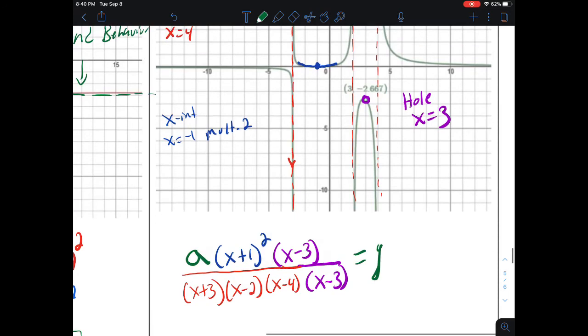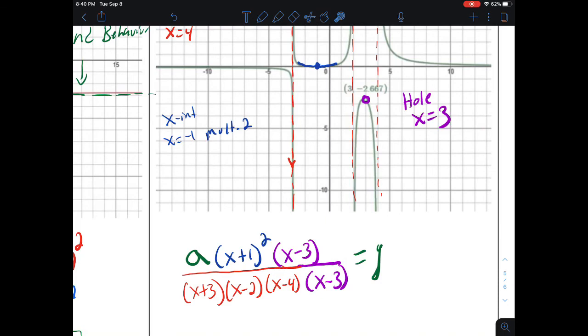Unlike the previous problem, we have an end behavior asymptote of y equals 0, which means the degree of the denominator has to be bigger than the numerator. So you count your x's. I have 3 x's in my numerator. My denominator has 1, 2, 3, 4 x's multiplying together.